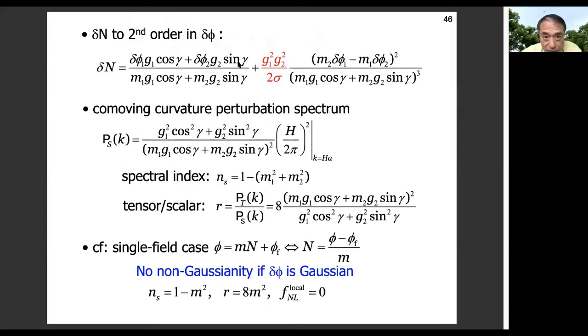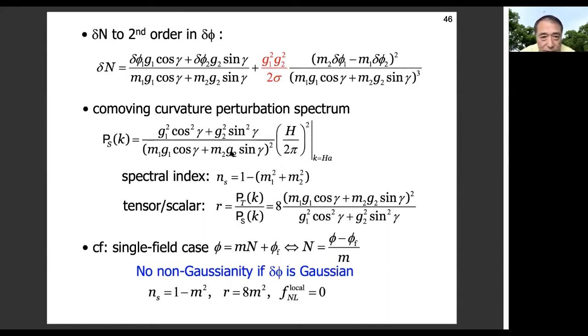Anyway, if you assume the delta phi 1 and delta phi 2 fluctuations are simply given by H over 2 pi, which is the standard case for canonical scalar field vacuum fluctuations during inflation, then you can immediately write down the power spectrum of this fluctuation, because you just square these coefficients, sum them, and multiply by the fluctuation amplitude of delta phi 1 and delta phi 2.